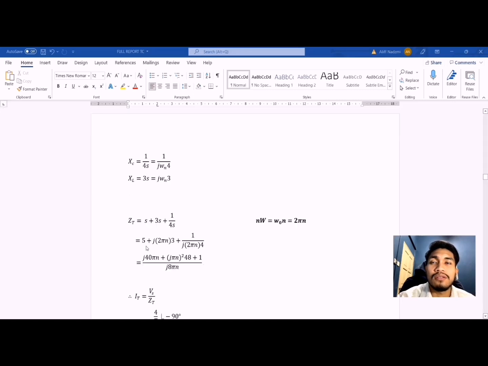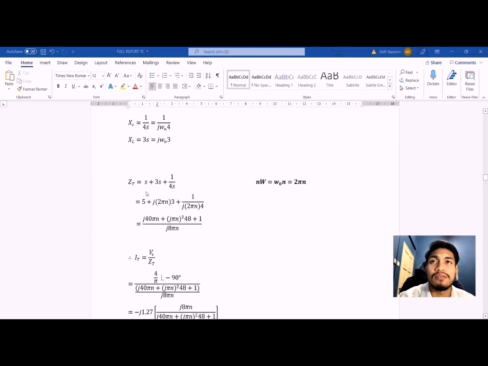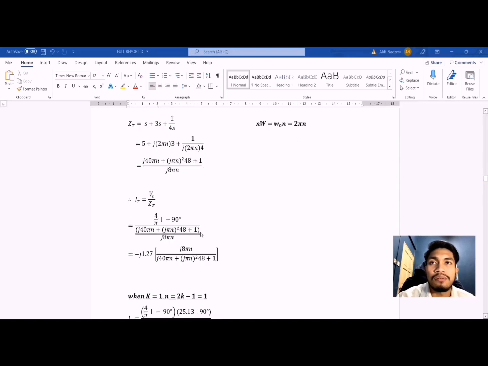For the Z total, the total impedance, we sum up all the components, and here is the Z total. By using Ohm's law, we divide the voltage by our total impedance, and here is the answer.